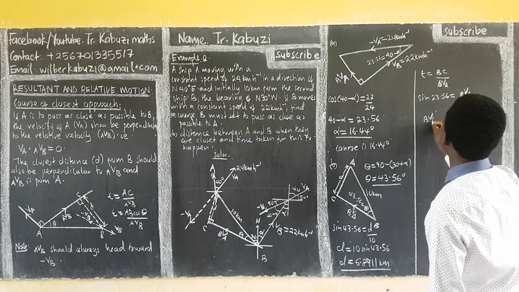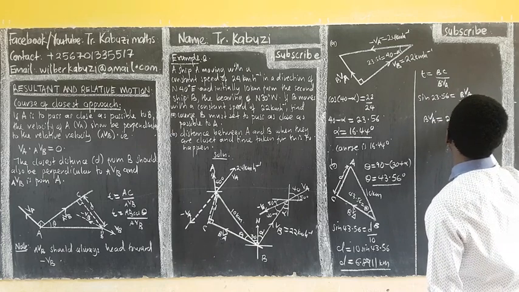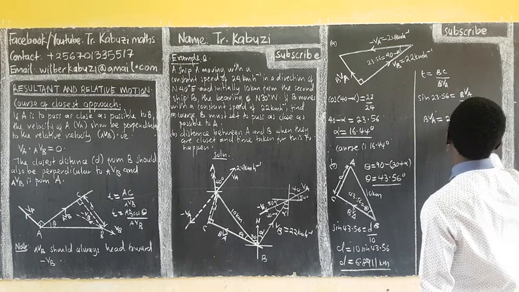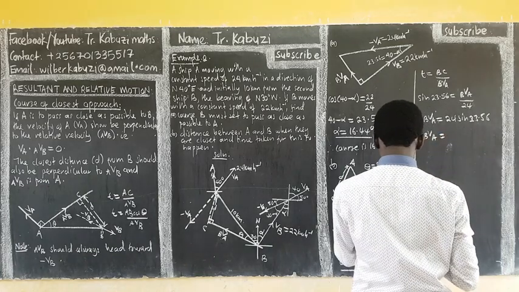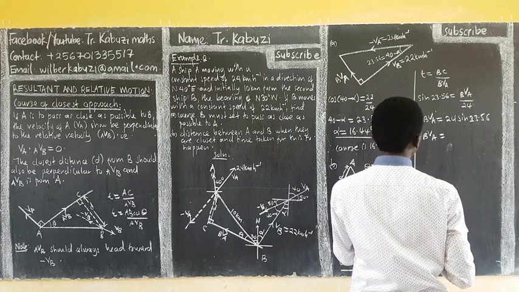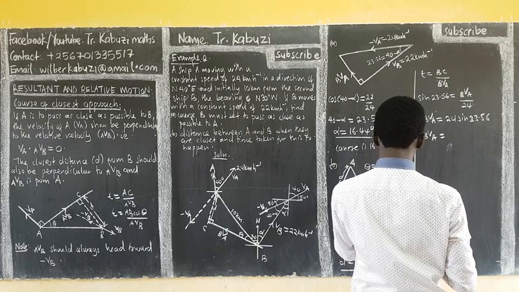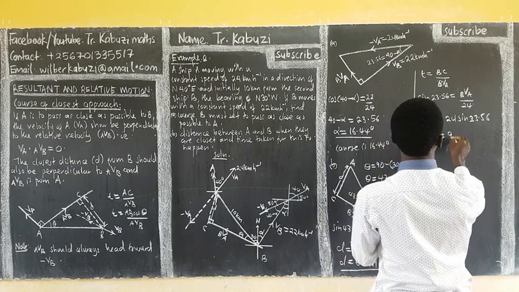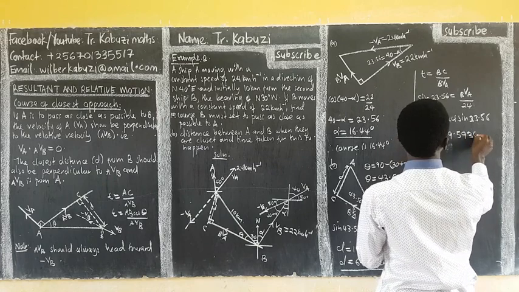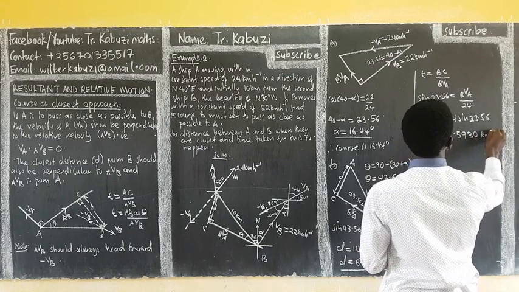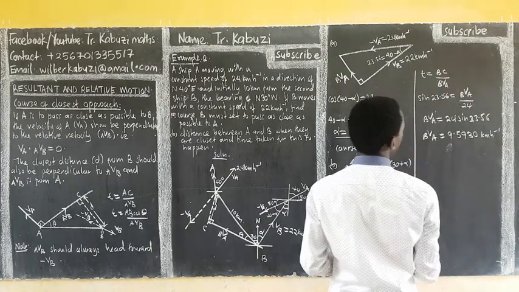So the relative velocity is going to be 24 sine 23.56, which is 9.593 kilometers per hour.